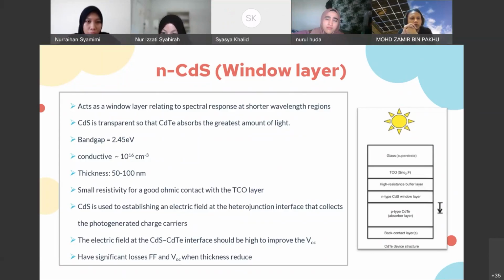What is the optimum band gap for light absorption in a solar cell? 1.45 to 1.5. 1.4 to 1.5, right? And cadmium sulfide is 2.4.